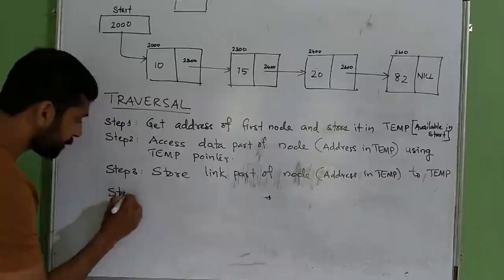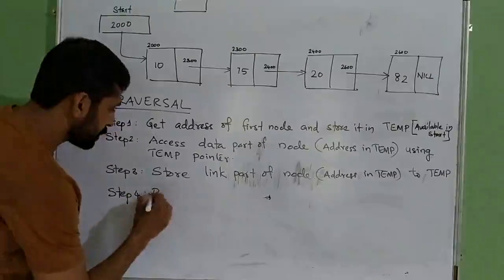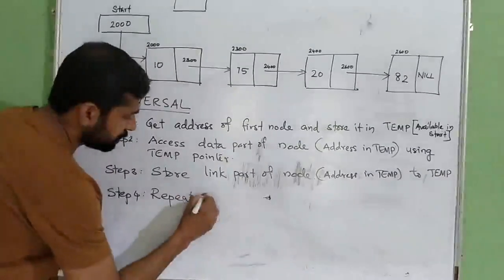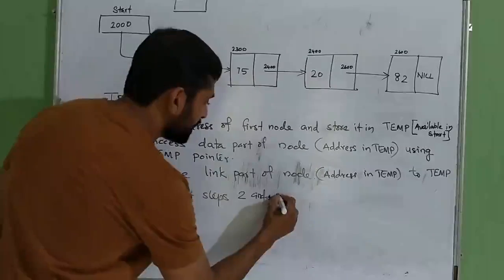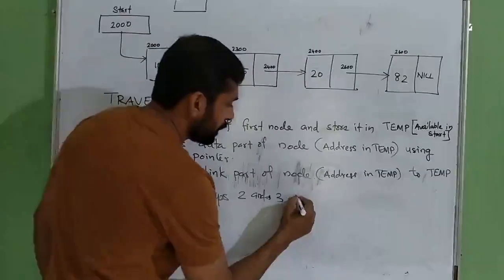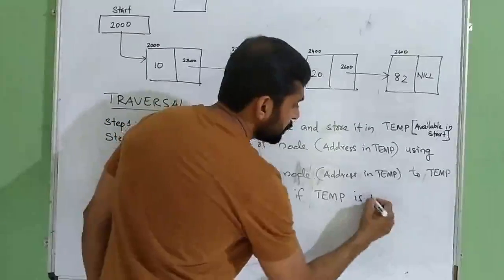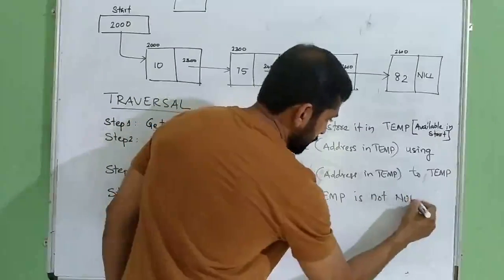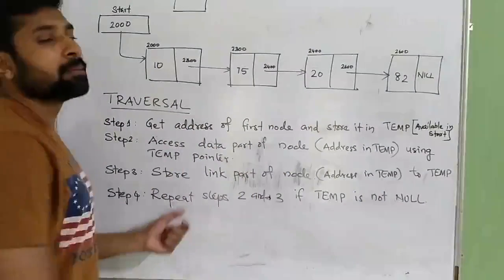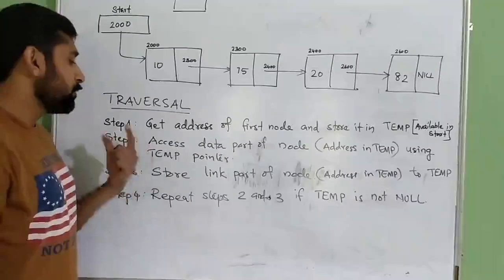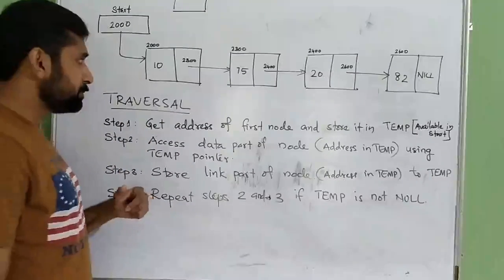Then step 4: repeat steps 2 and 3 if temp is not null. So this is the algorithm, or these are the steps for performing the traversal operation on a linked list.